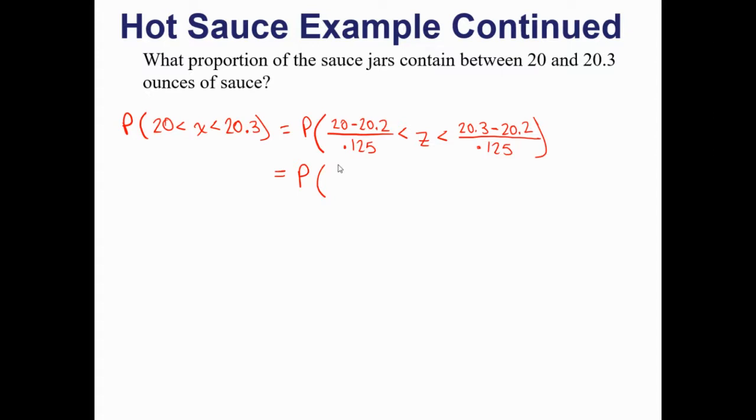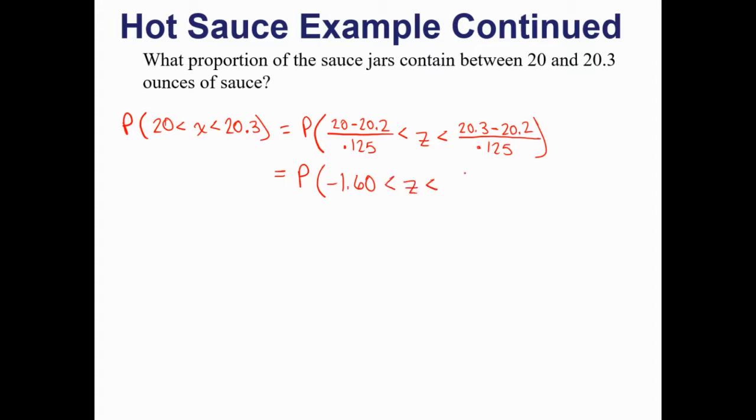Okay, wait, I was looking at the other thing. My bad. It was negative 1.6. I looked at the wrong number. Yeah, that's a good sign, because that means you're ahead of us. Okay, 1.6.